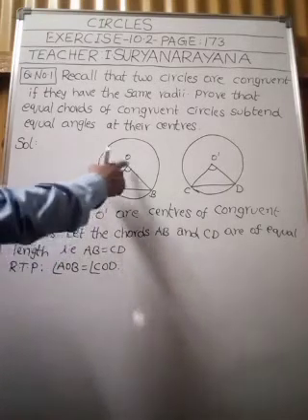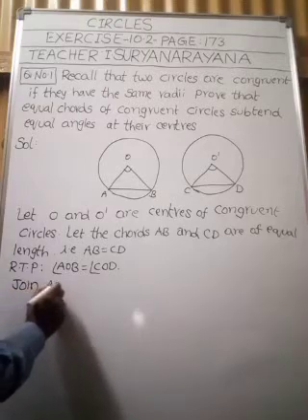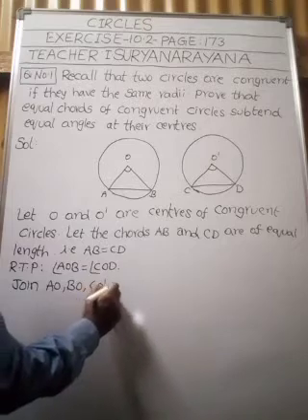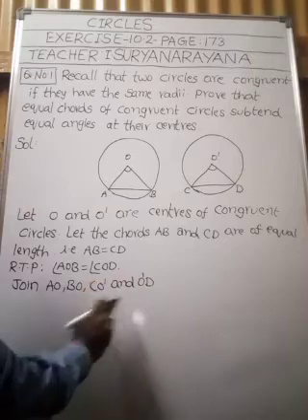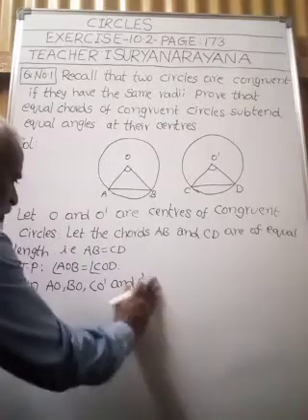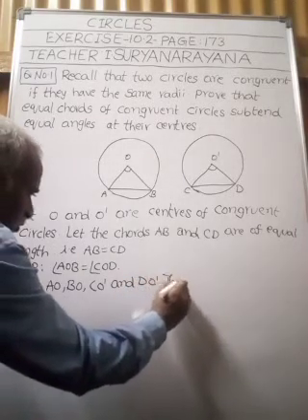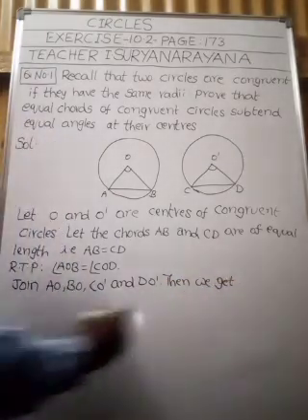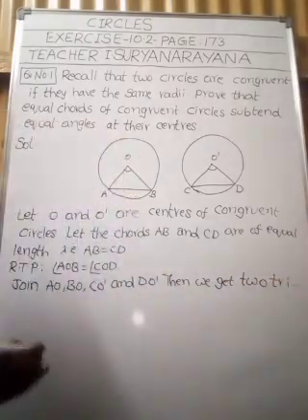Now join AO, BO, CO dash and DO dash, or O dash D. Then we get two triangles.